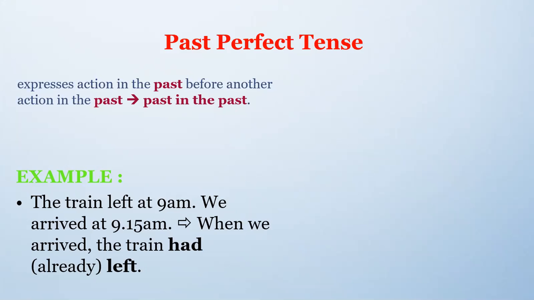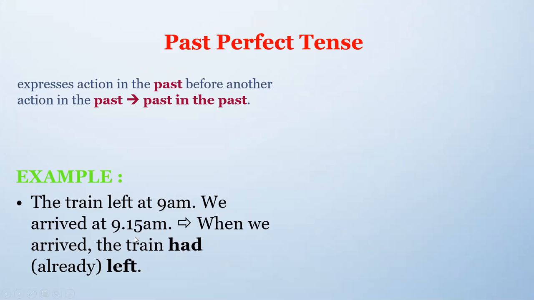Which sentence is expressing past perfect tense here? The train had left. That is an action in the past before another action in the past. So which one happened first?